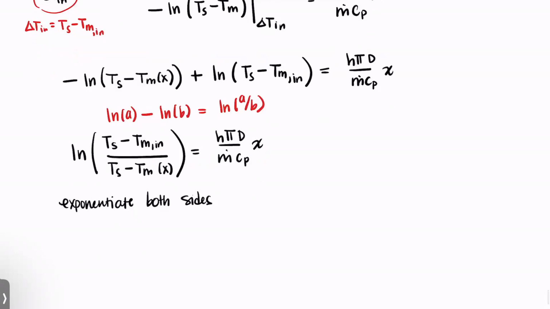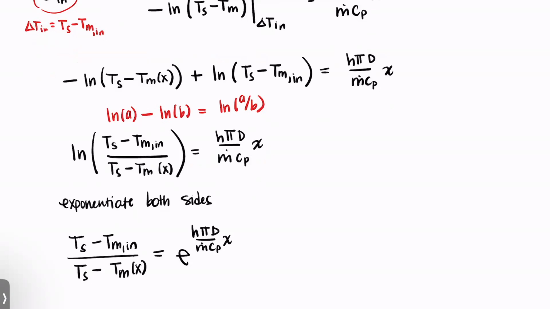Right? And I get (TS minus TM at the inlet) divided by (TS minus TM at some position X) is equal to e to the h pi D over m dot Cp times x. And now I'm just going to solve for TM.